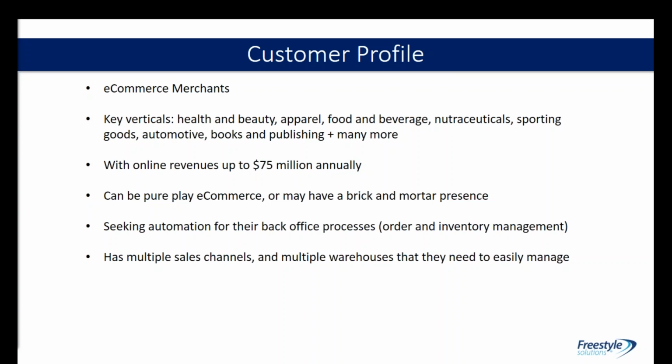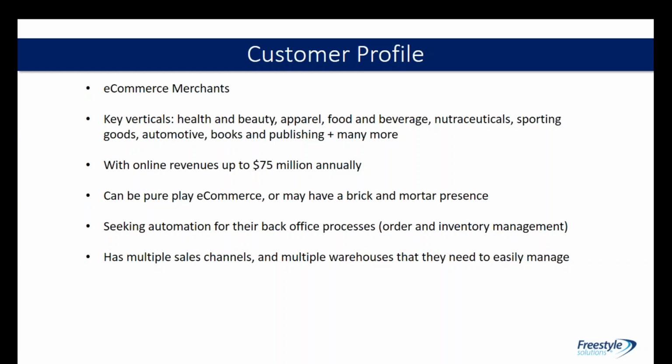Other things to note about our customers: we have online revenues up to $75 million US dollars annually. Like I said, it can be a pure play e-commerce business strictly on the web, or one with a small to mid-sized brick and mortar presence. They're looking to grow and intend to. Our customer profile is also anyone seeking automation for their back office processes, not only order and inventory management, but also maybe some product and customer management.